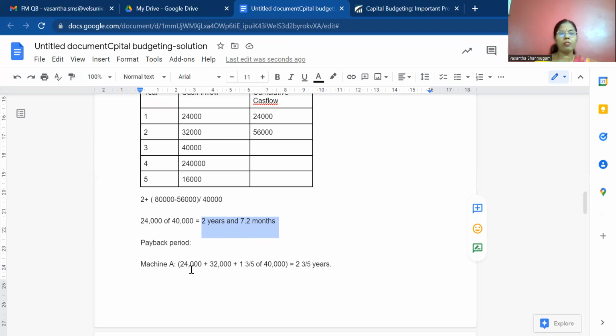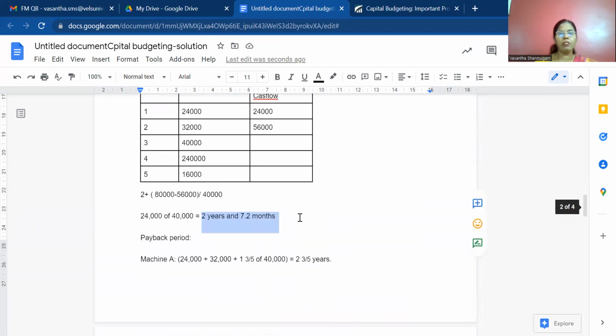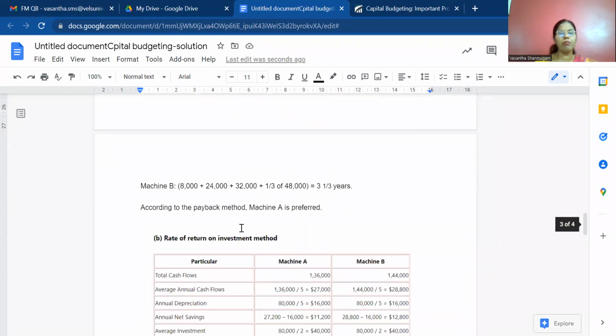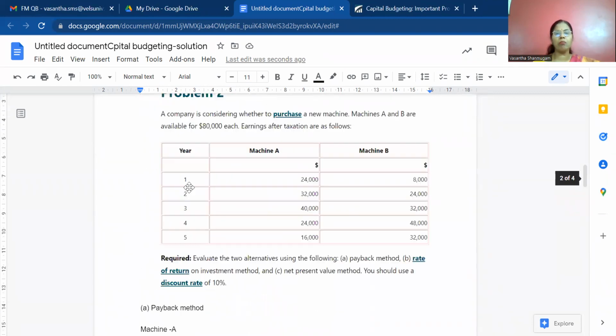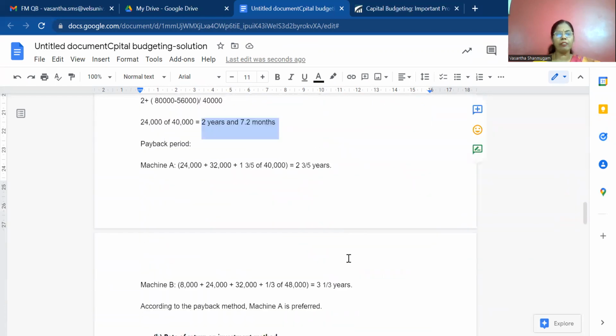Otherwise, we can do it this way also: 24,000 plus 32,000 plus the amount required. This is the payback period method. Likewise, you can do it for machine B. In machine B, the first year income is 8,000; then add 24,000 and 32,000.